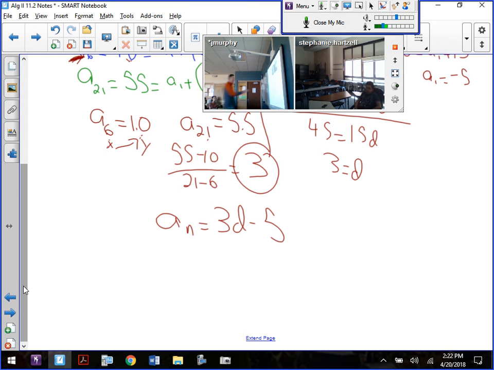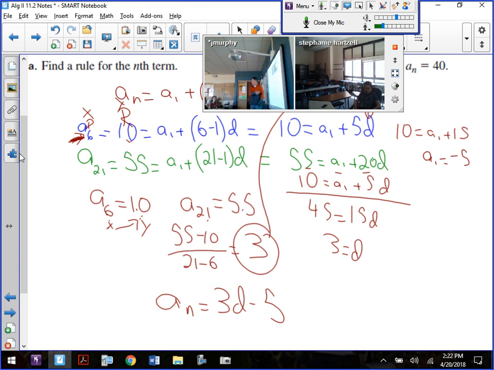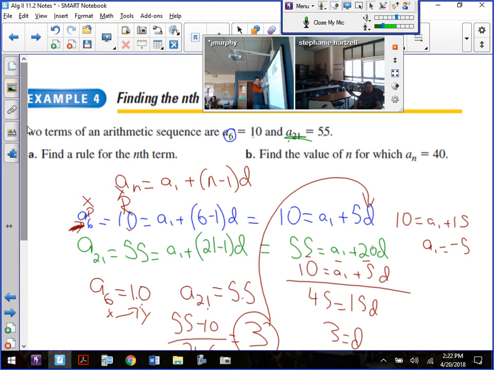Okay. Are you okay with how we got the common difference of 3? What we did was we knew that if I take this common difference, I can substitute into here, and I'm solving for my first term. What I did here is I substituted in 5. What's 5 times 3? So 10 equals what plus 15?